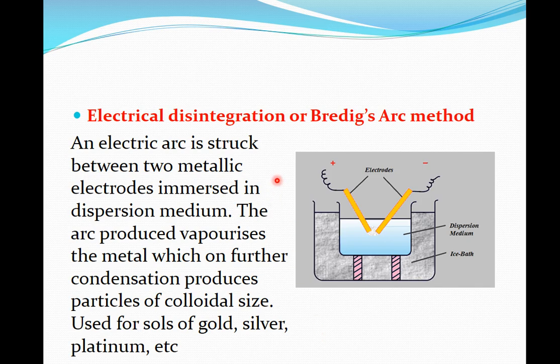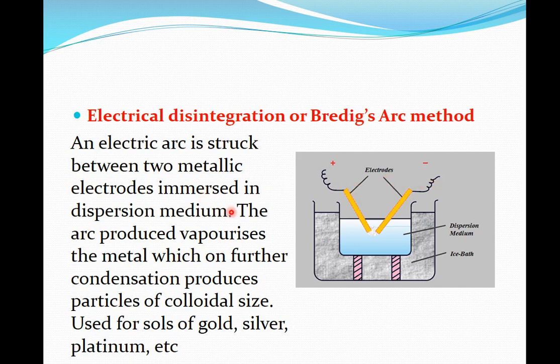Electrical disintegration or Bredig's arc method. Colloidal solutions of gold, silver, platinum, etc. can be prepared by this method. In this method, an electric arc is struck between two metallic electrodes. These are two metallic electrodes which are connected to electric current.